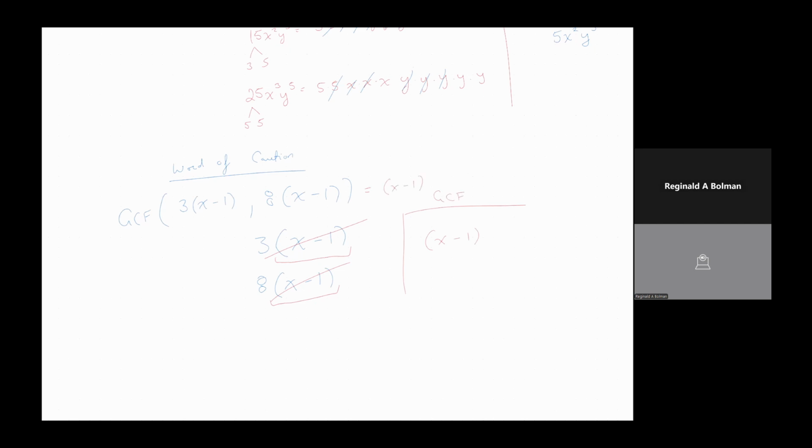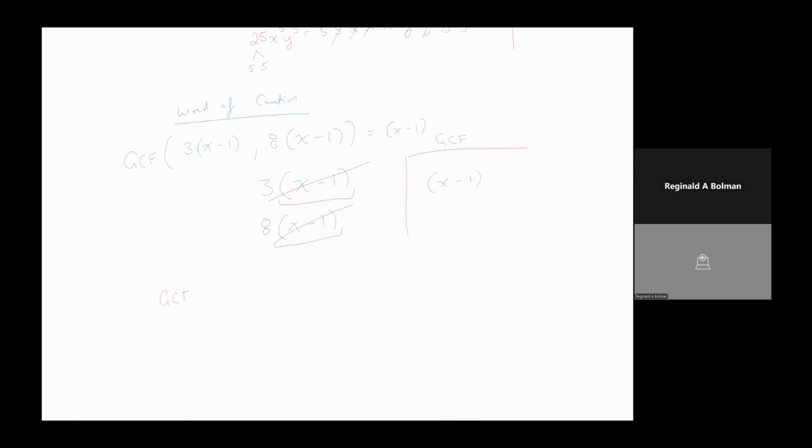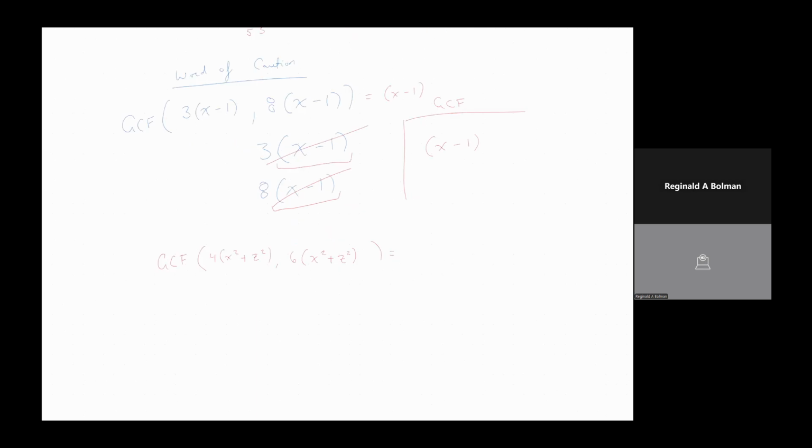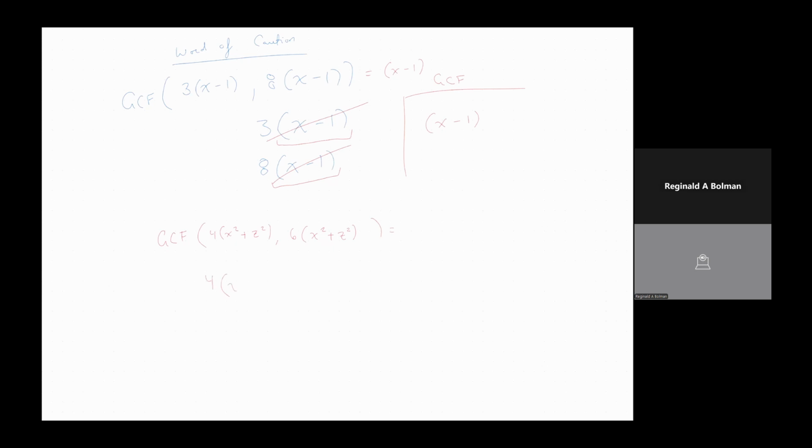So if you have the GCF of really complicated terms, like 4 times x squared plus z squared, say it's something like this, really nasty. Here again, the x squared plus z squared would be treated as its own separate number that's being multiplied with the 4.